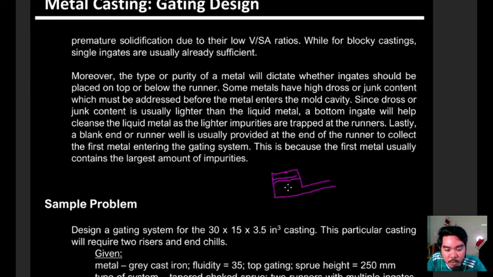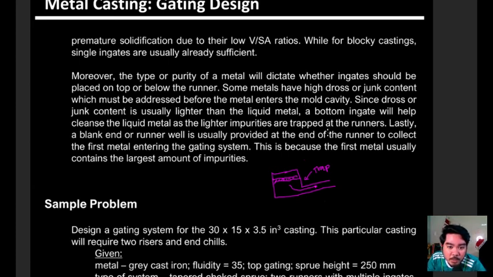Because we have a bottom in-gate, what enters here is actually only the pure metal, the clean metal, so to speak. So clean metal is going in and the impure metals are being trapped at the top portion. This is the trap. So bottom in-gates are needed when we have lots of impurities, especially if the impurities are lighter, like dross or junk.